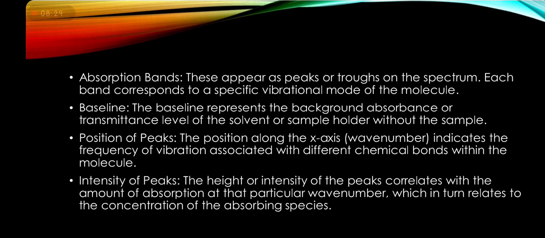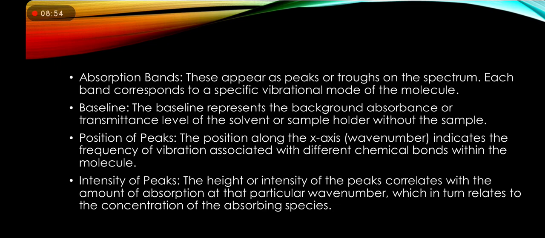There are some key features. Absorption band: a peak or trough on the spectrum. Each band corresponds to a specific vibrational mode of the molecule. Baseline: the baseline represents the background absorbance or transmittance level of the solvent or sample holder without the sample.